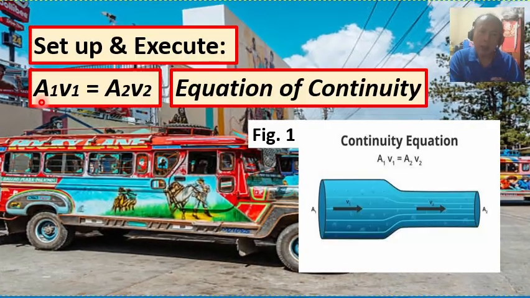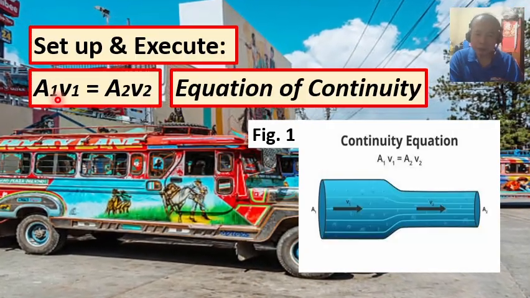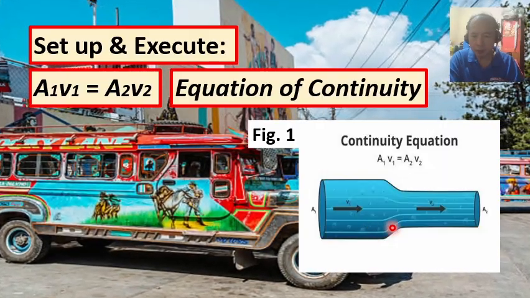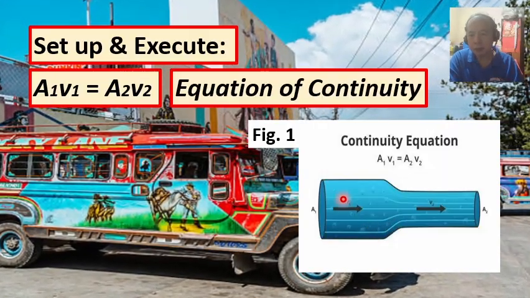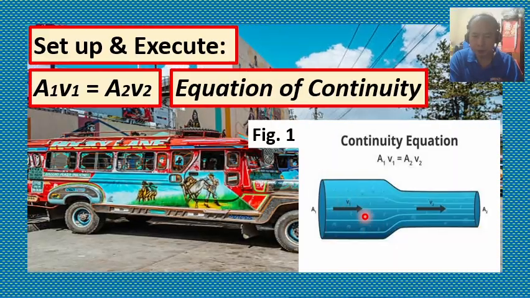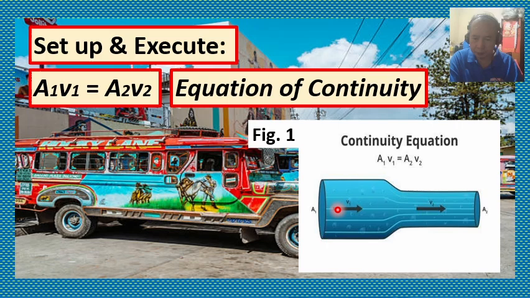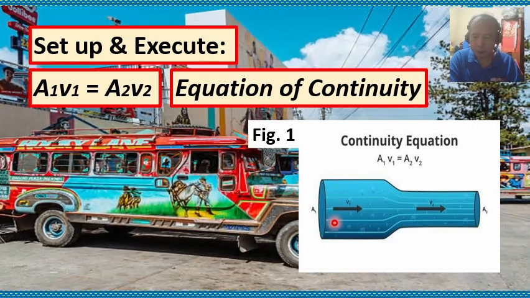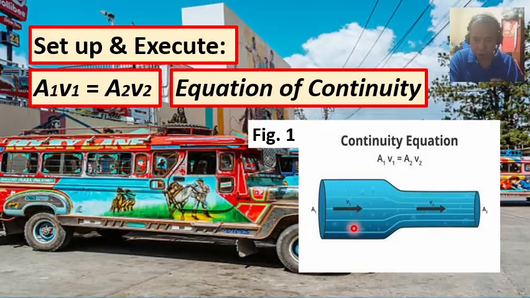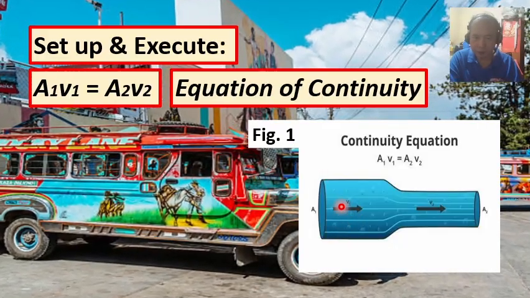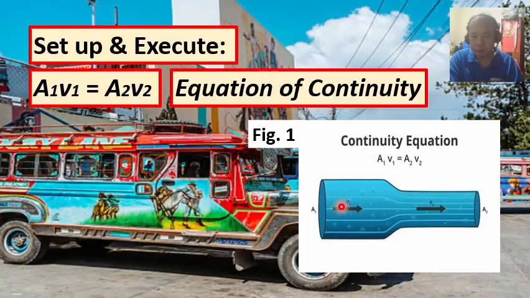So capital A sub 1 refers to the cross-sectional area of one part of the pipe, for example, the one with the bigger diameter in the figure.